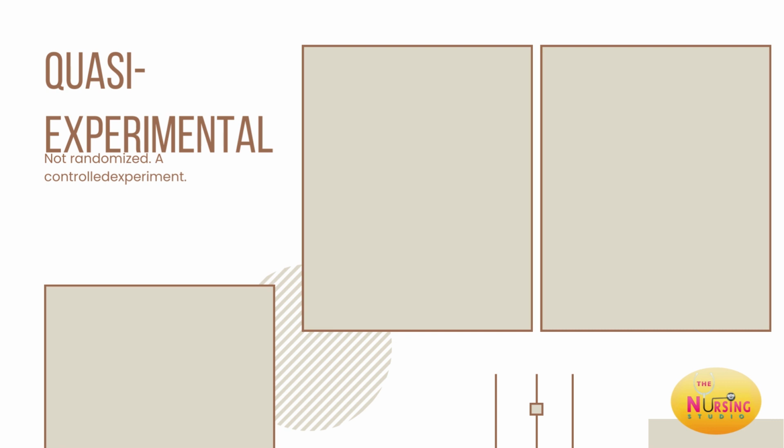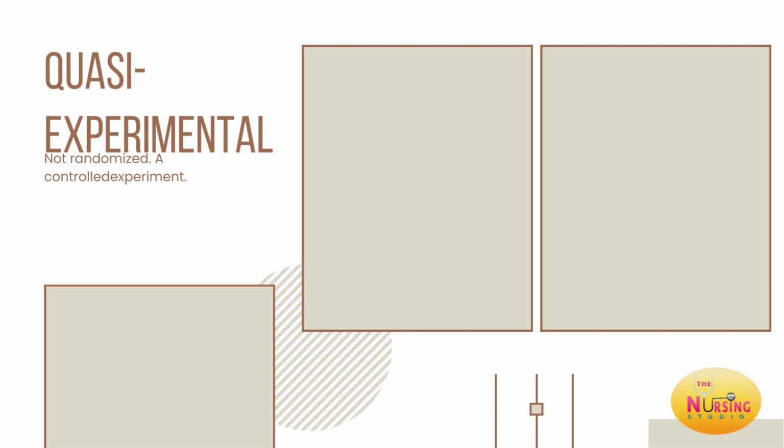Now, quasi experimental is not randomized. To try to break that down a little bit easier, it's still an experiment. So we're testing something to see, like, hey, if I do this, this happens. So cause and effect, in an experiment, but it's not at random.